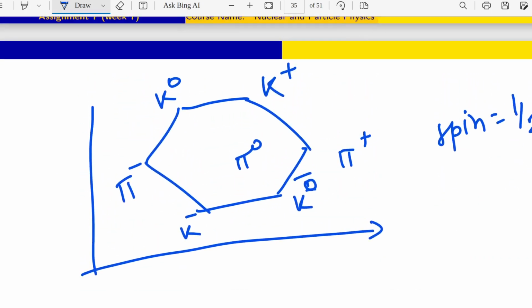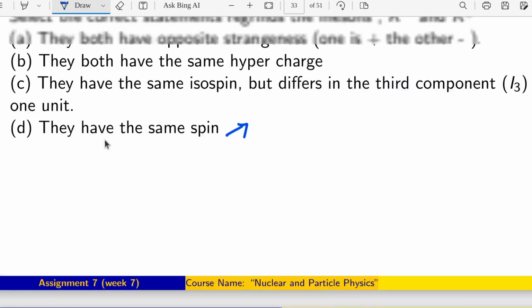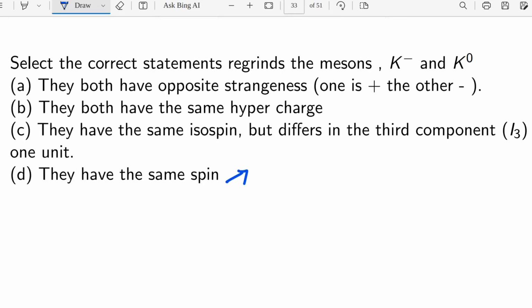So we are talking about this one and this one. As these two are present in that meson octet, obviously the spin of each particle will be half. So whatever they have said, that they have the same spin, that is the correct one.